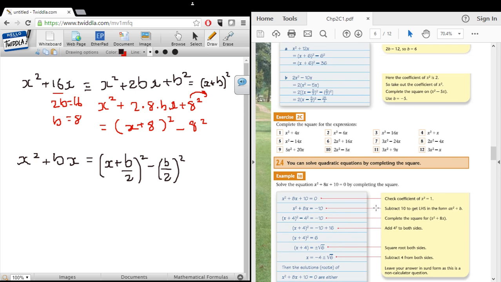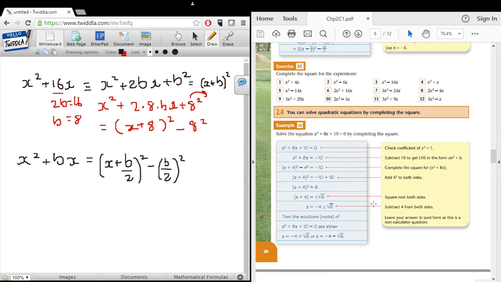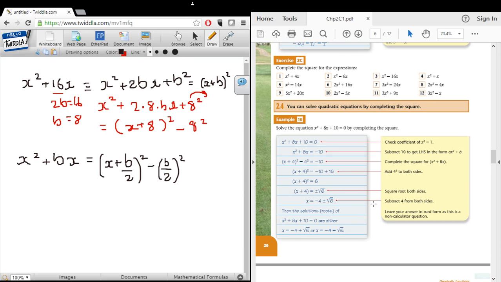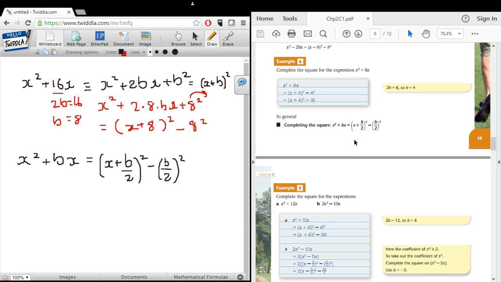And then we come on to section 2.4. Section 2.4 discusses quadratic equations by completing the square. Now, it follows a similar idea to what we had before, except that you'll have an additional term here, and it follows a similar pattern in the sense that you are taking the number to the other side, in order to create on the left hand side something similar to what we had up here.